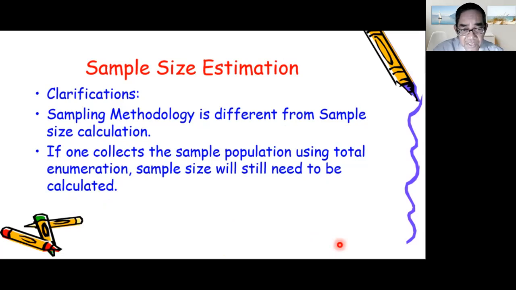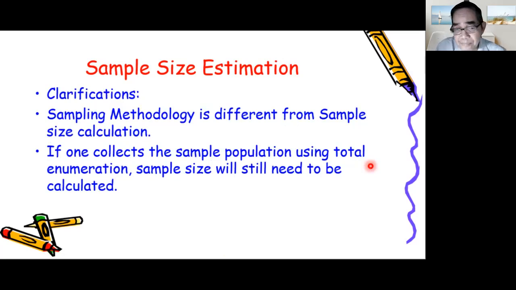People say that because the sampling methodology involves total enumeration, that is not a sample anymore, and sample size calculation is no longer required. That's a misconception. The reason is, as I said a while ago, sample size has to be calculated based on the objective of the study.